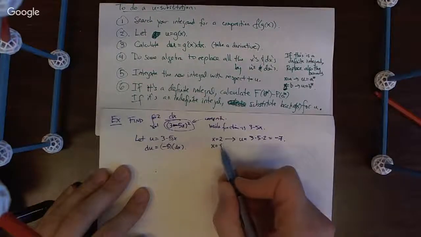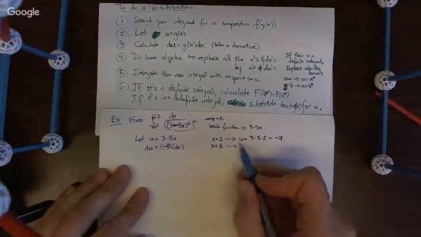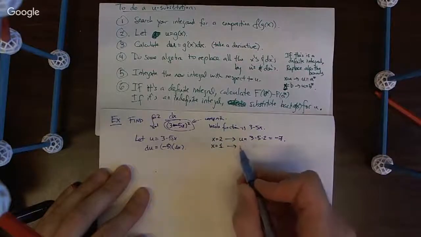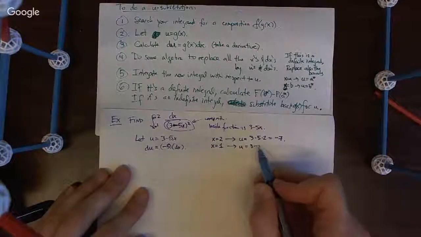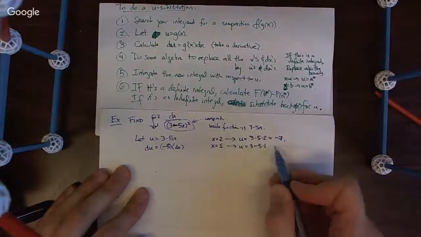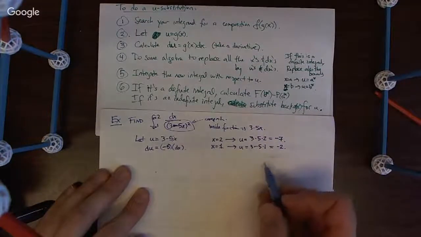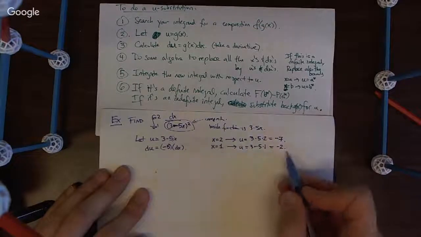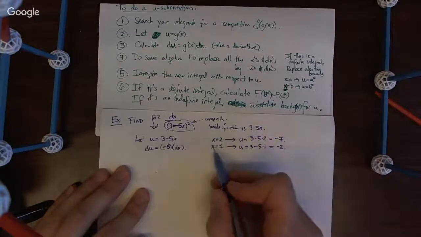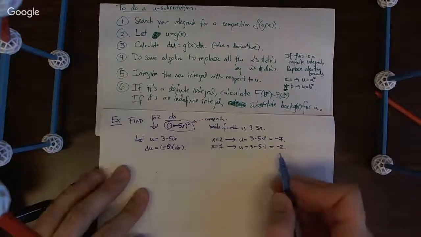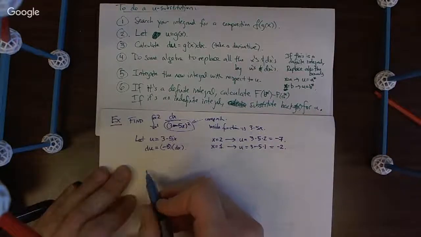And if x is equal to 1, then u is equal to 3 minus 5 times 1, and 3 minus 5 is negative 2. So when x equals 2, u is equal to negative 7, and when x equals 1, u is equal to negative 2. And that's important to keep track of.